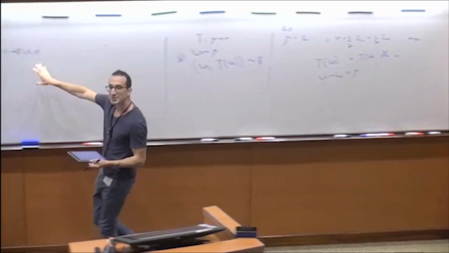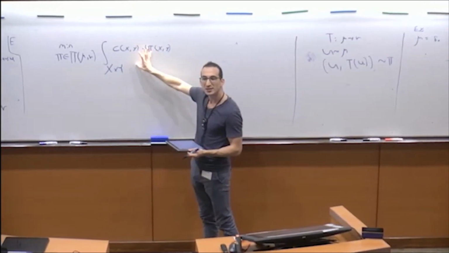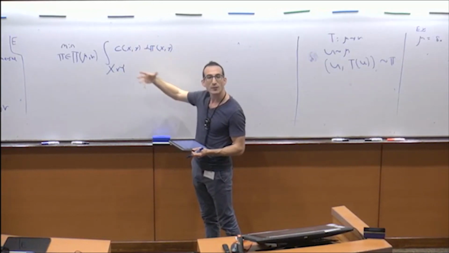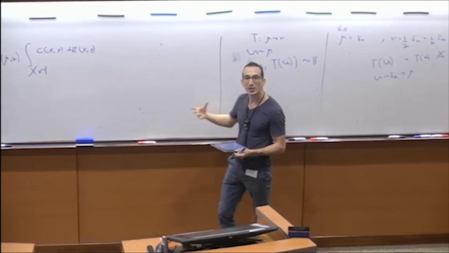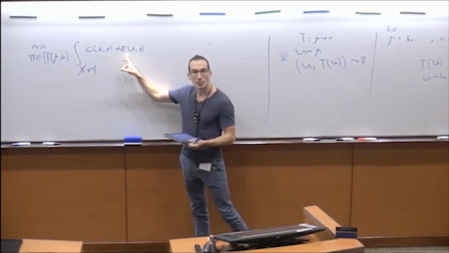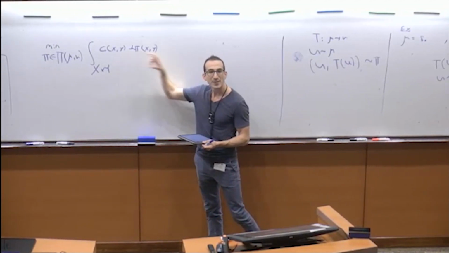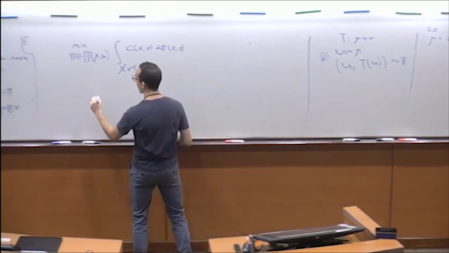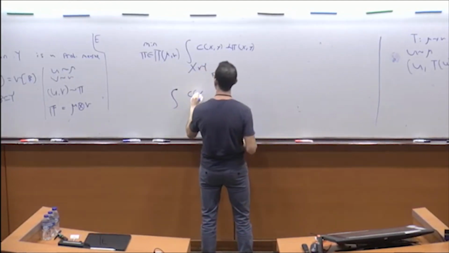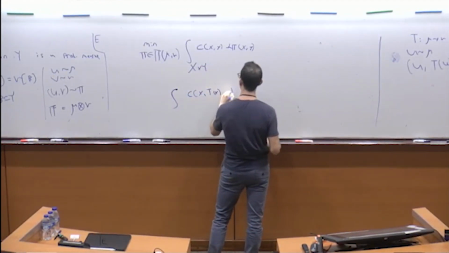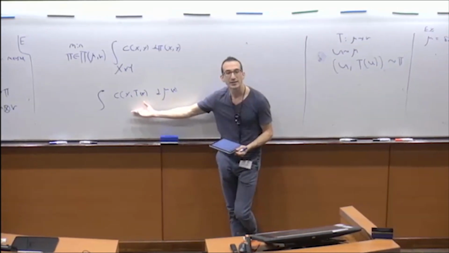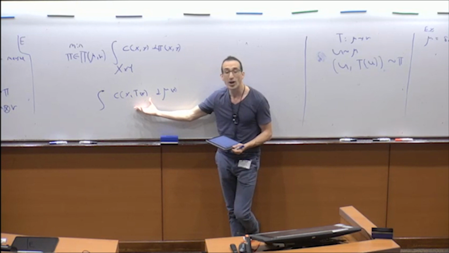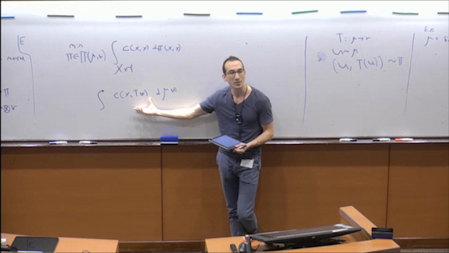What is another advantage of this problem if you stare at it? Can you see, from the perspective of an optimization problem, why this is a better optimization problem? That's right, it's linear in our optimization variable, which is pi. In the Monge problem that we had before, we had the integral of c(x, T(x)) d mu(x). Clearly, this is not linear, and the variable there was T. We're trying to find T that would minimize that.